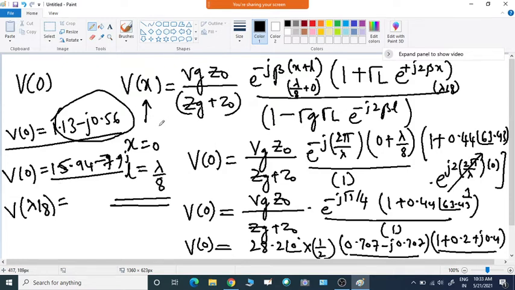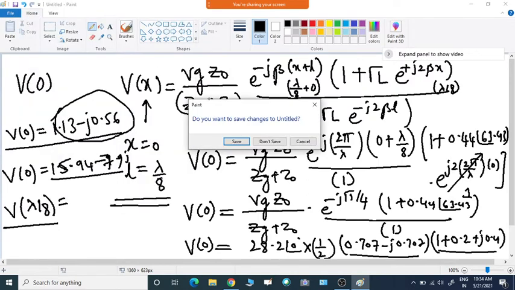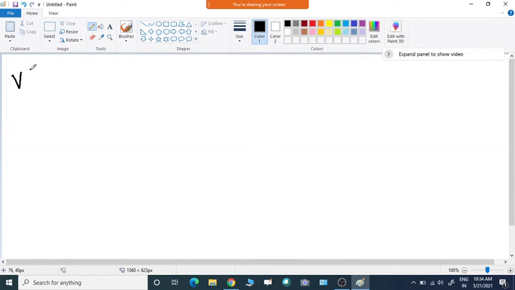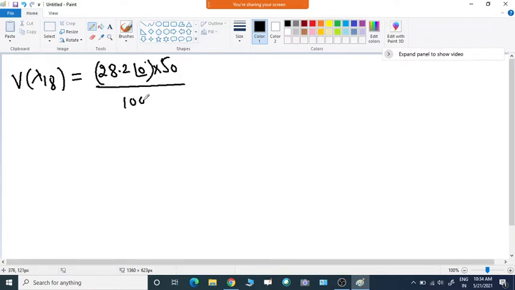Find out the values. V of lambda by 8. Put the values here and you can find out. So Vg, which is equal to 28.0 into Z0, which is 50, by Zg plus Z0, into e power minus j beta into x, where we are substituting x as lambda by 8.